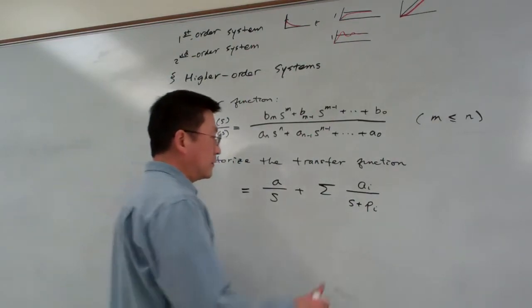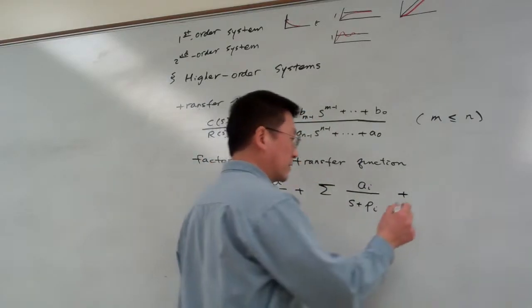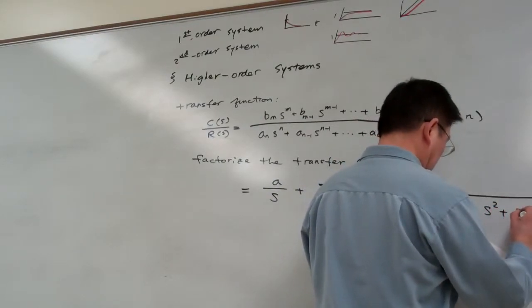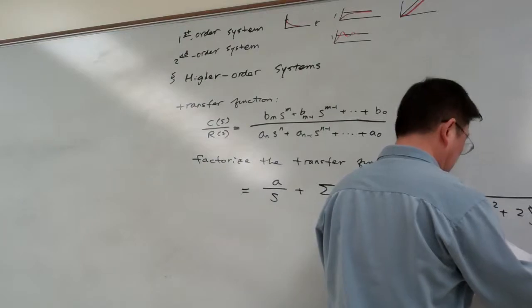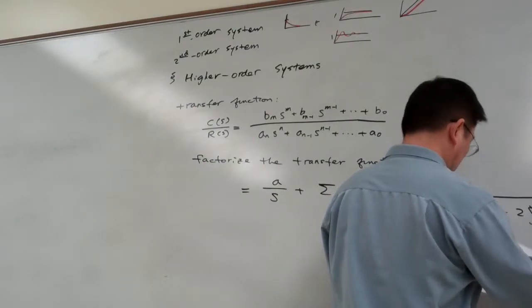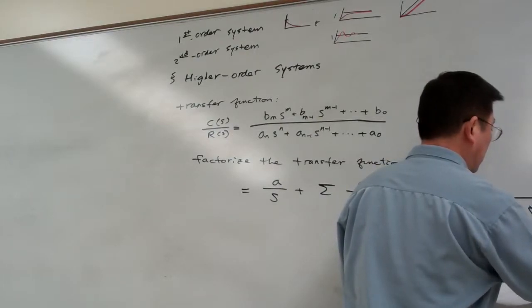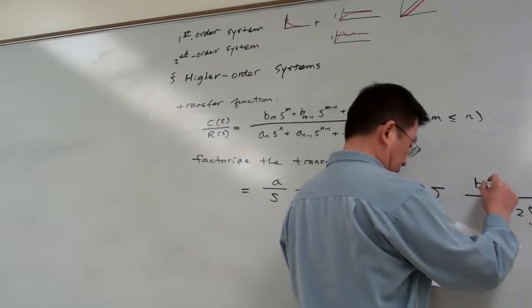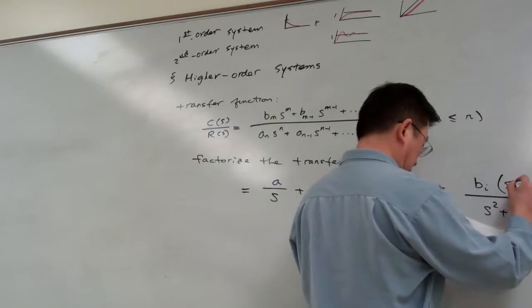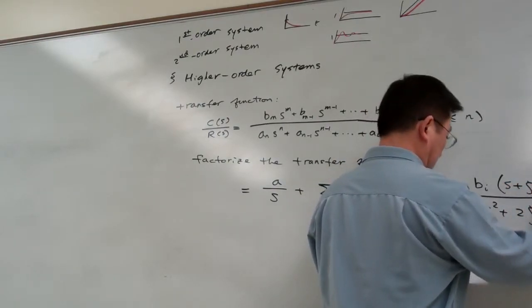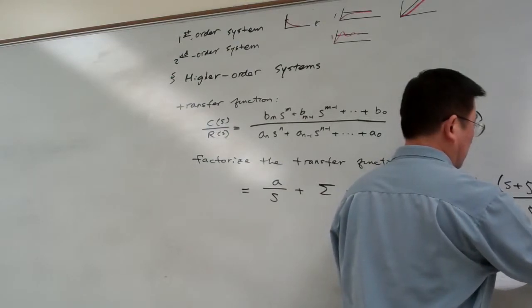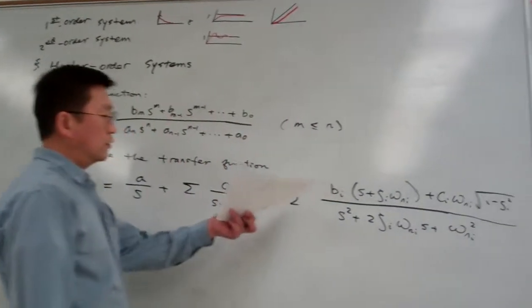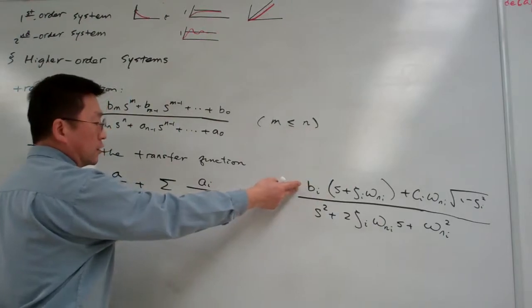It also might have a combination of the second order systems, and could be like this form, or the numerator could be different.